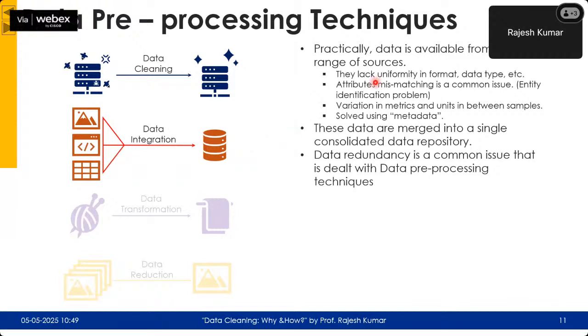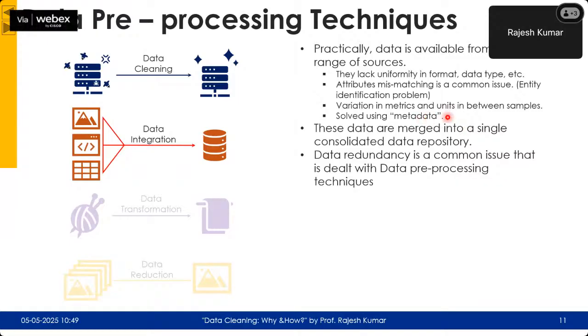So they lack in format, they lack in data type, and there are some similar issues. Their attributes may be matching, or there may be a mismatch. That is a very common issue there.